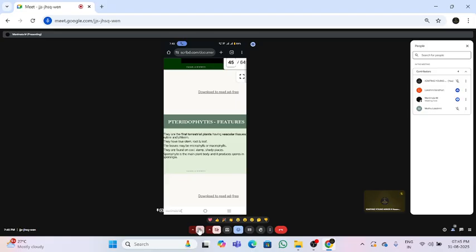And the next one. Can you give me the pteridophytic plants which can live in the aquatic? Maximum live in the terrestrial, but some plants live in the aquatic. What are they?